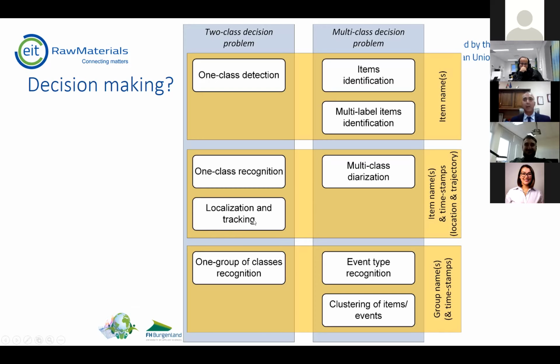Of course, there could be even greater complexity if we have several objects in one category, a group of classes that involves many different objects. We humans are very good at this. If I see something flying, I would say, oh, this is a bird, or oh no, this must be a drone.